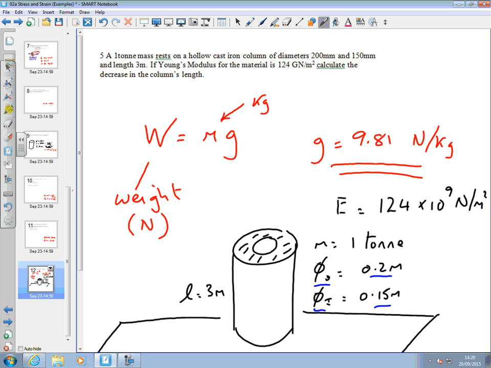The length is 3 metres. And we're given Young's modulus for the material is 124 giganewtons per square metre, or 124 times 10 to the 9 newtons per square metre. So I've converted that to engineering notation and sketched it out.